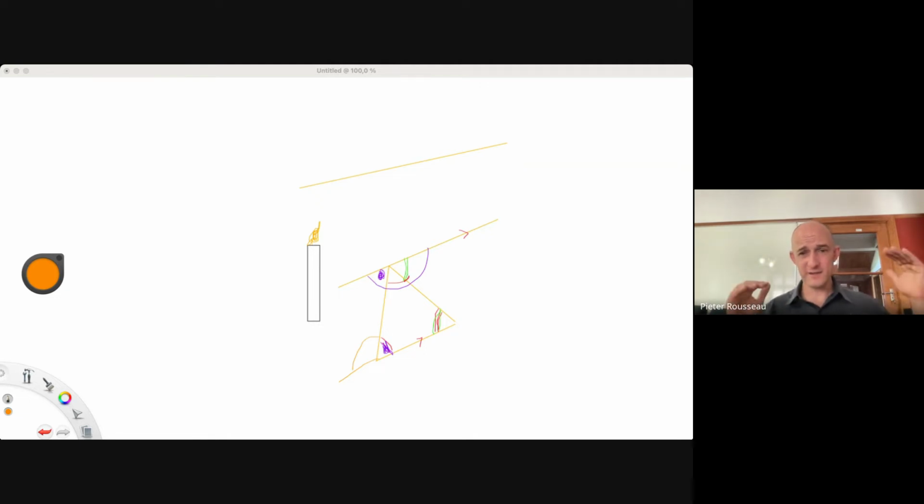So one of the things I have to assume is that the length of the candle that I started with is the same as the length of the candle that has been burning, and that the material this candle is made of is the same as the material that candle is made of.